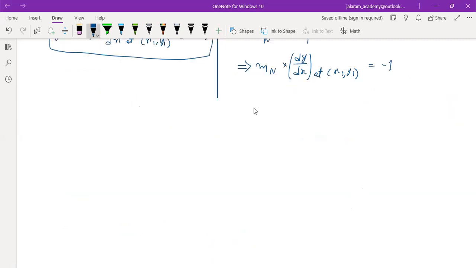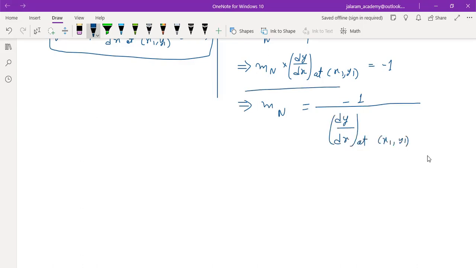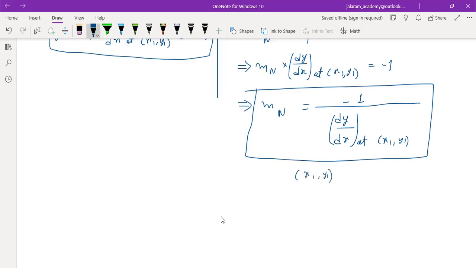So the slope of normal is -1 upon dy by dx at x1 comma y1, where x1 comma y1 is the point of contact of the tangent to which we have to find the normal, and x1 comma y1 is lying on the normal also.